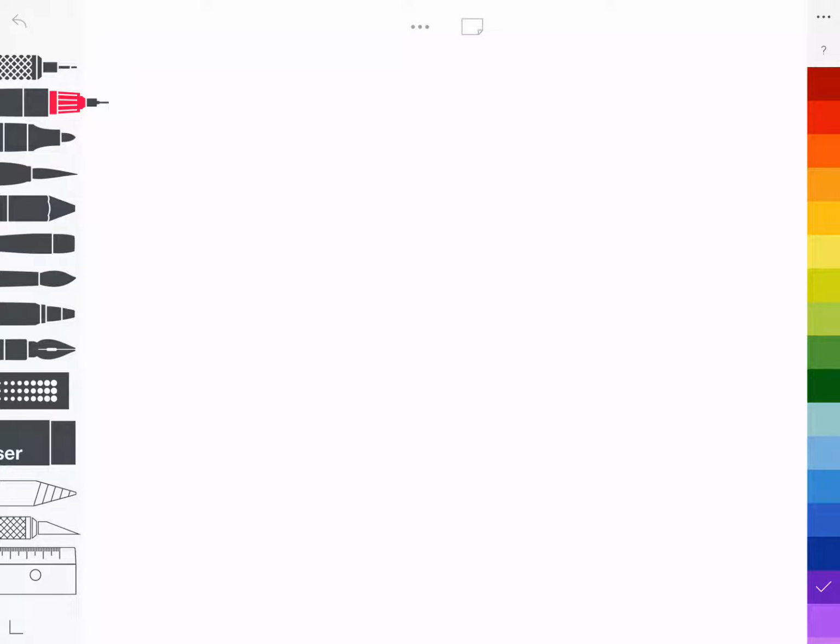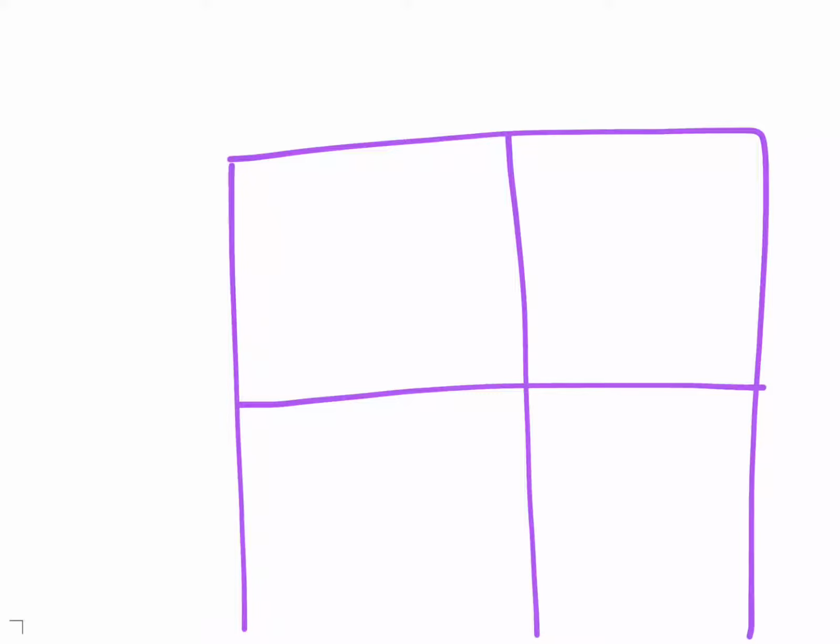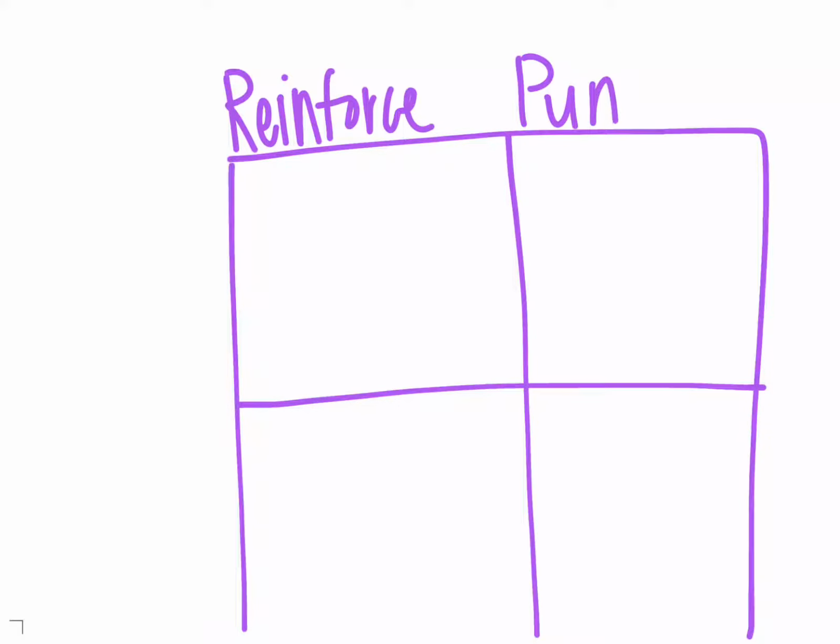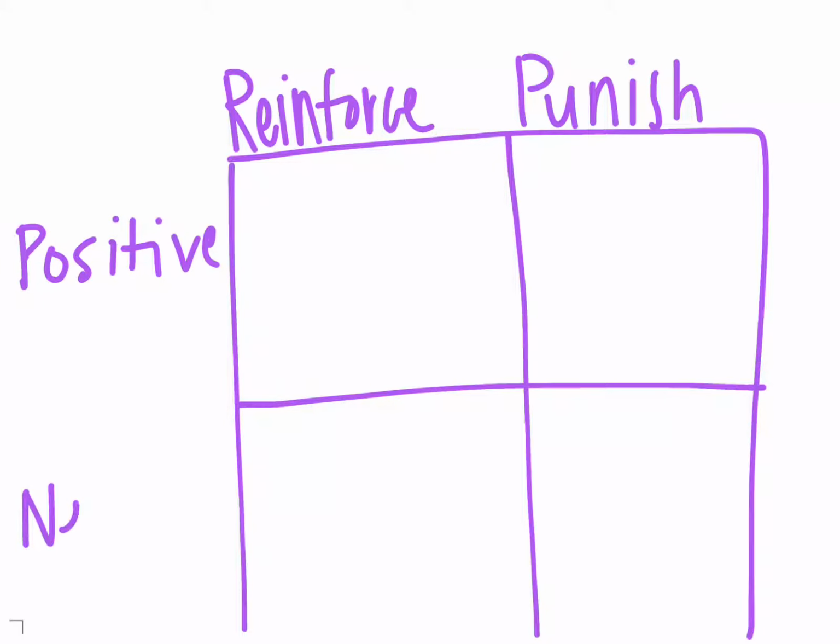So we'll switch colors just for fun. We'll do a lighter purple. So we have our big giant box. We have 4. We have reinforcement, and you have punishment, and then you have positive, and then you have negative.